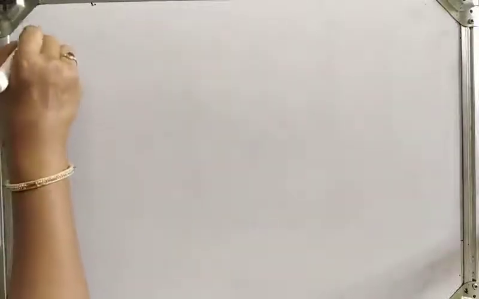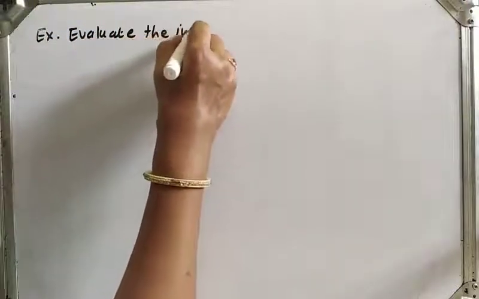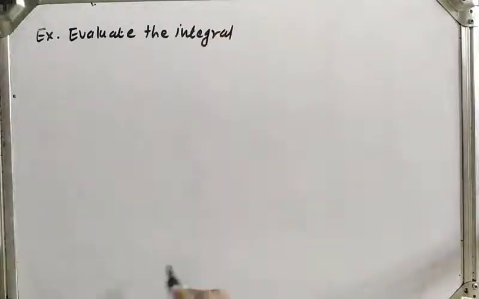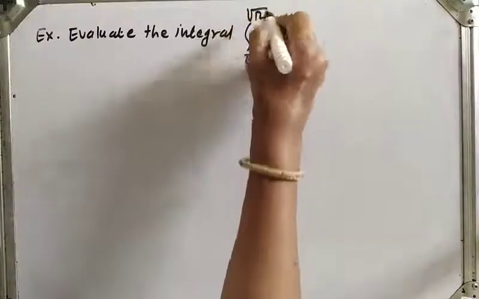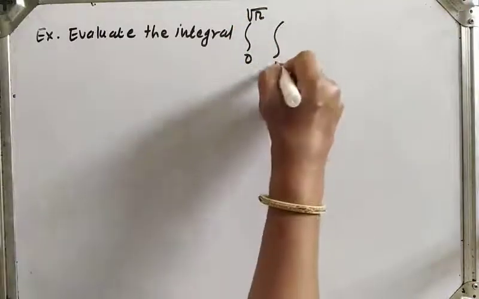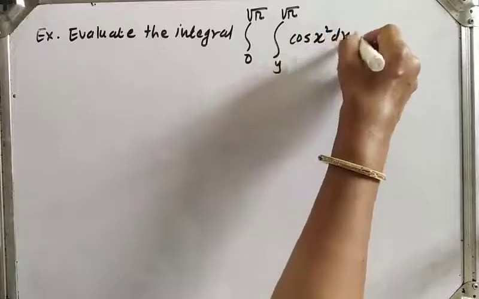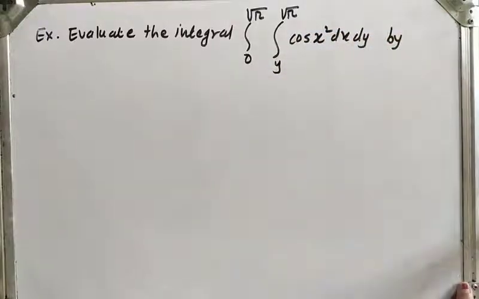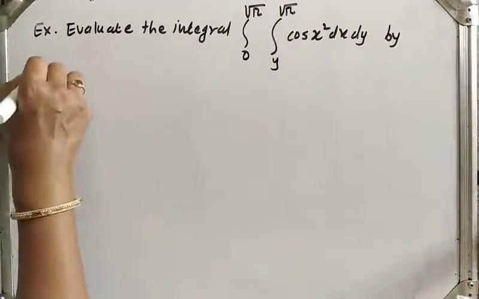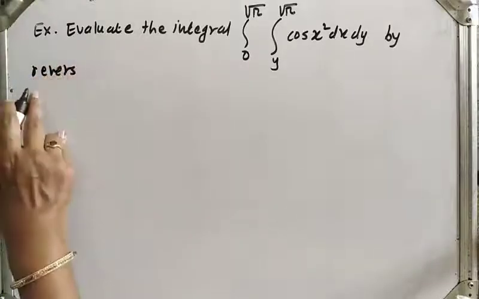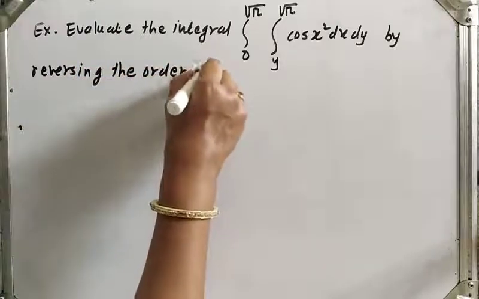Next example. Evaluate the integral, integration 0 to root pi, then y to root pi, cos of x square dx dy, by reversing the order of integration.